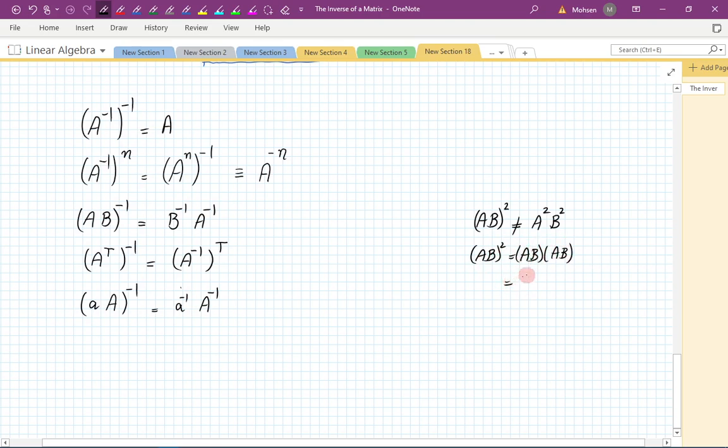So I want to clean this up, but there isn't anything you can do if you don't know anything special about the matrices A and B. You cannot rearrange these things because what you want to rearrange is exchange the location of this A and B, and you cannot do that because matrix multiplication is not commutative.